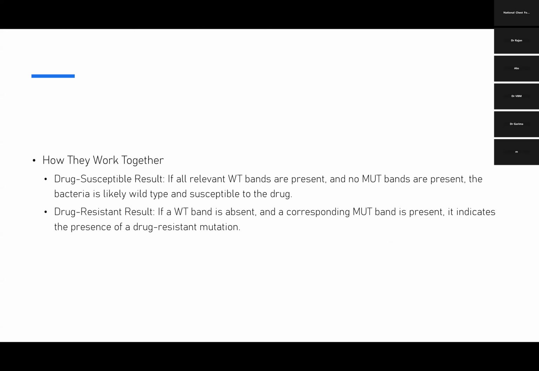So how do they work together? In a drug susceptible result, if all relevant WT bands are present but no MUT bands are present, this means that the bacteria is wild type and it is susceptible to the drug. While in a drug resistant result, if the WT band is absent and a corresponding MUT band is present, it indicates that a drug resistant mutation is present.